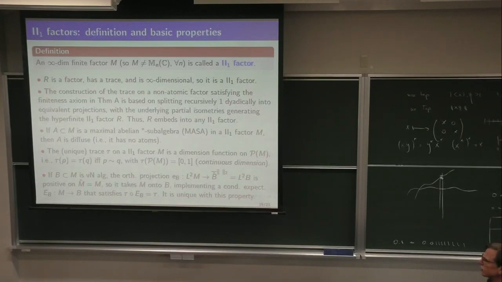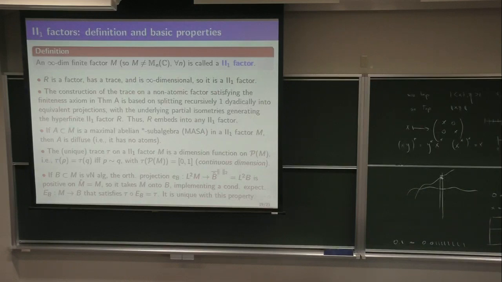Now, also a key thing is that for any von Neumann subalgebra B that you take, consider the orthogonal projection of L2(M) onto L2(B), which I view here as a subspace of L2(M). It's the completion of B inside here, or the closure in the 2-norm of B hat.